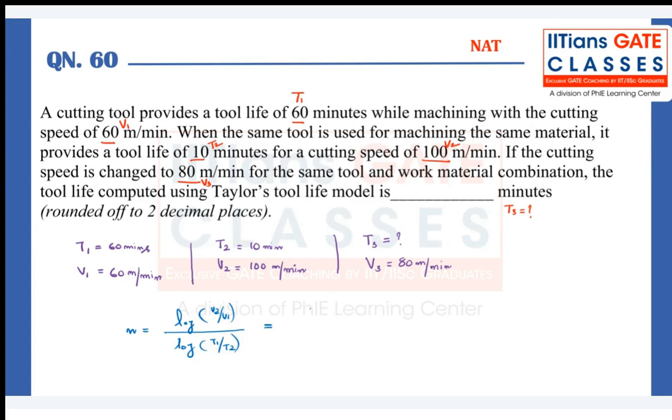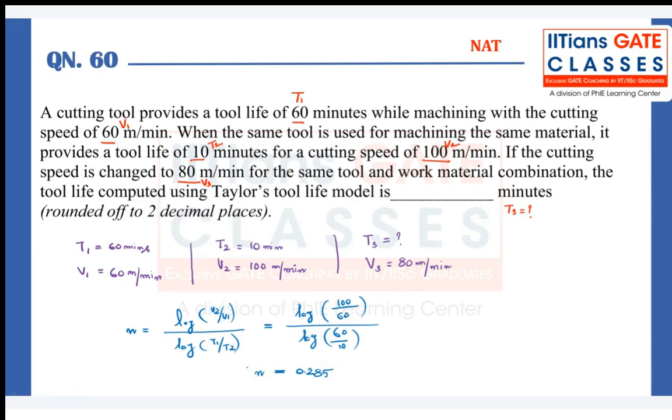V2 is 100 and V1 is 60, so log of 100 by 60 divided by log of T1 60 divided by 10. Clear, everybody? If you solve this, you get the n value 0.285.